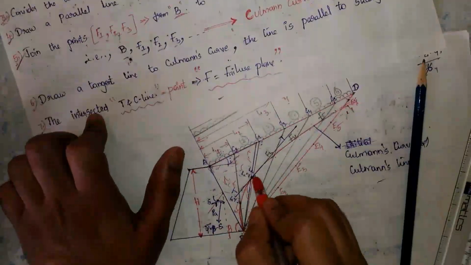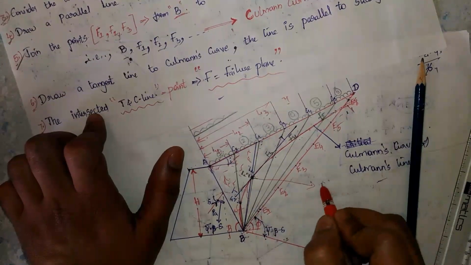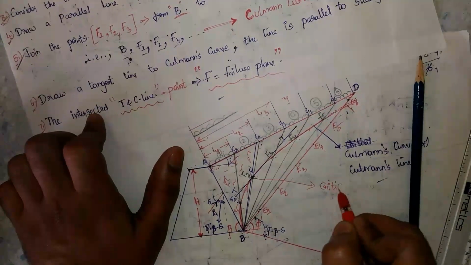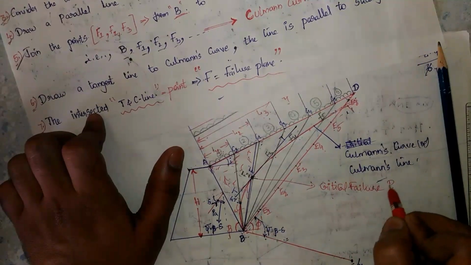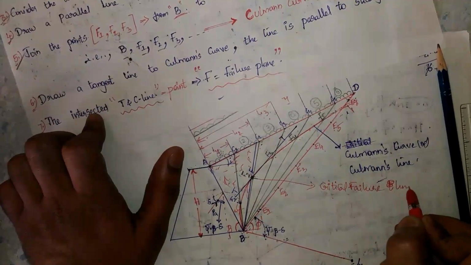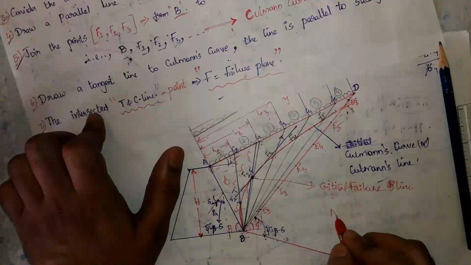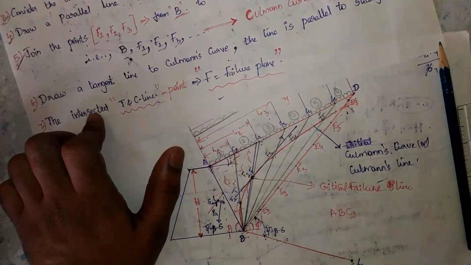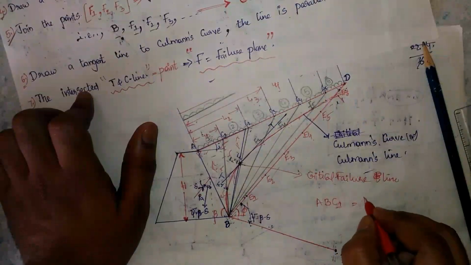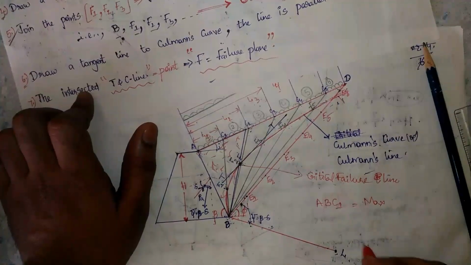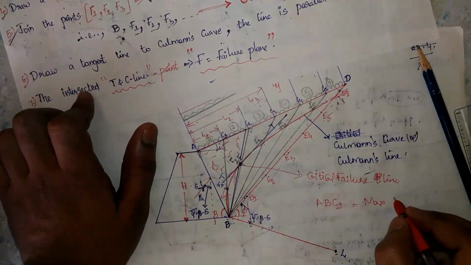So this point is the critical failure. So the critical failure line, and the angle ABC1 equals the maximum sliding wedge.